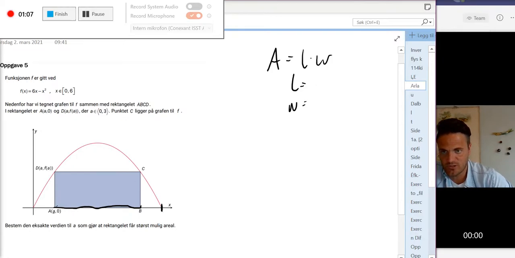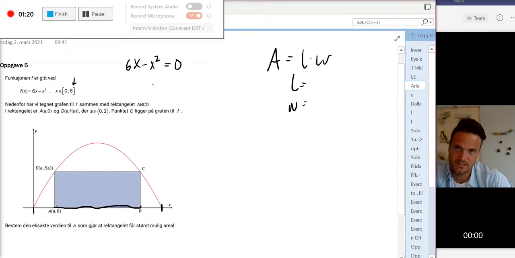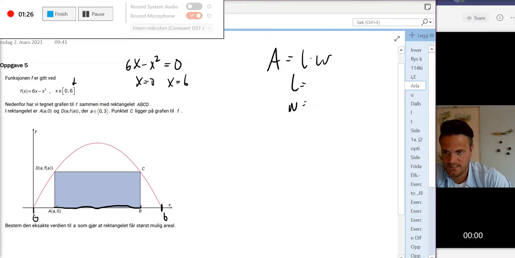This is the 0 point of the function, and it says here what this is. But to be completely sure, I find the 0 points by putting the function equal to 0. You can do this in CAS, and you get two solutions: x equals 0 and x equals 6. So this is this here.